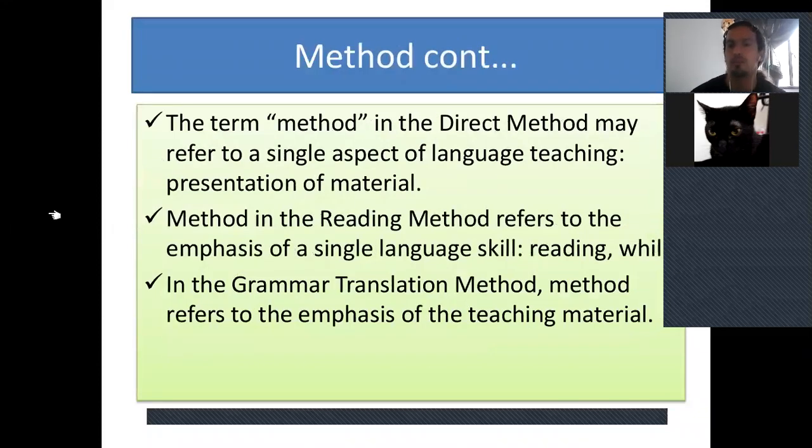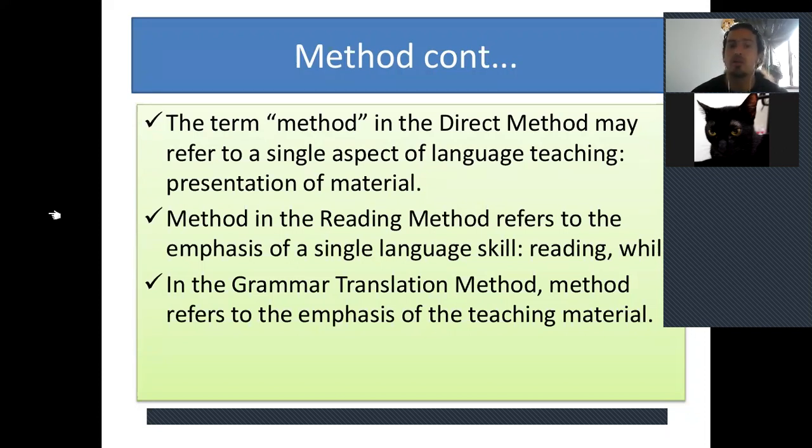Okay. Now, the term method and the direct method may refer to the single aspect of language teaching, so presentation of material. That was the main objective here, to present material for the students to have an interaction with. And remember that the direct method or the Berlitz method was incorporated in order to create an evolution after the creation of the grammar translation method.